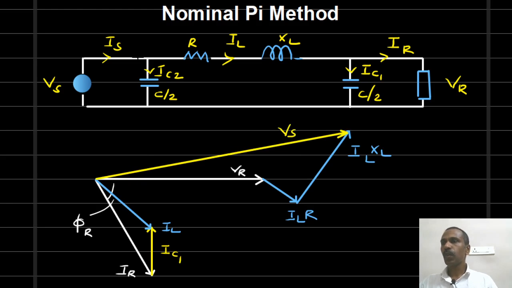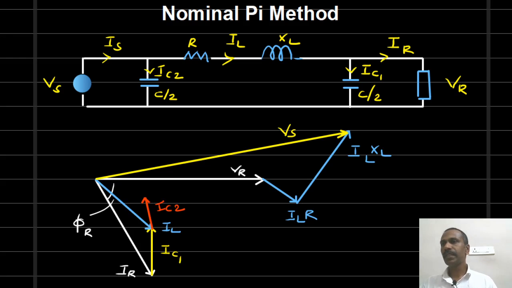Now we have to find out the source current IS, which is equal to IL plus IC2. IC2 is the current through this capacitor. The voltage across the capacitor is the same as the sending end voltage VS. In the case of capacitors, the current leads the voltage by 90 degrees. So this is the direction of voltage, and the current should be in this direction. So this is IC2.